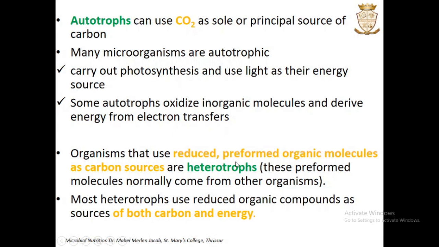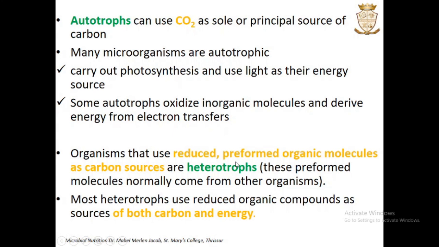Many microorganisms are autotrophic. They carry out photosynthesis and they use light as the energy source. Some autotrophs oxidize inorganic molecules and derive energy from electron transfers, and those are the chemoautotrophs. If they derive energy from light, they become photoautotrophs. If they derive energy from electron transfers, they become chemoautotrophs.